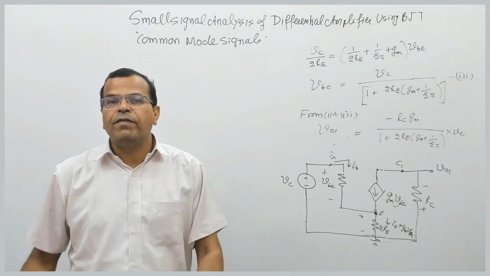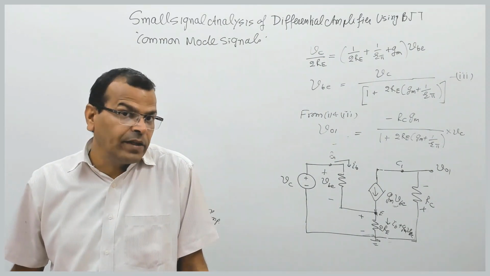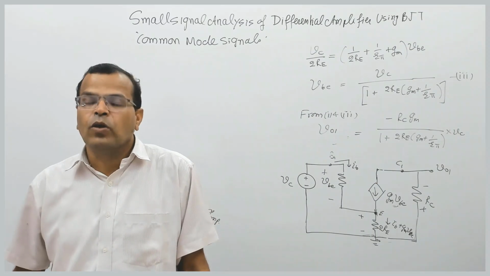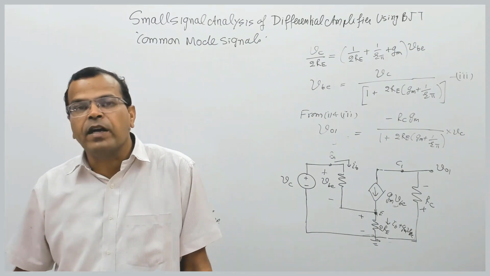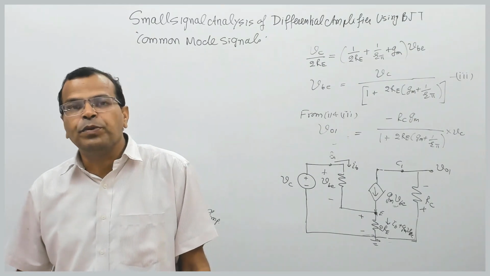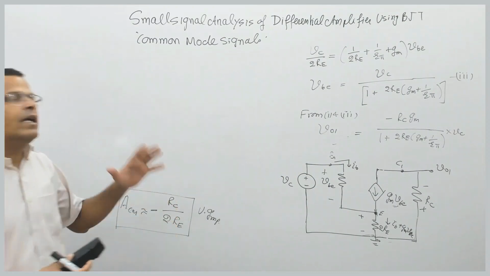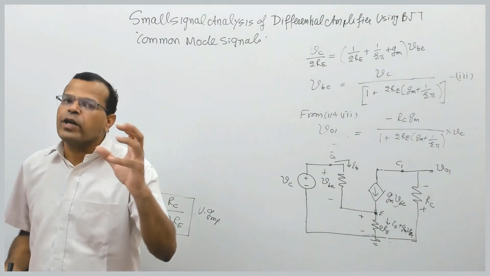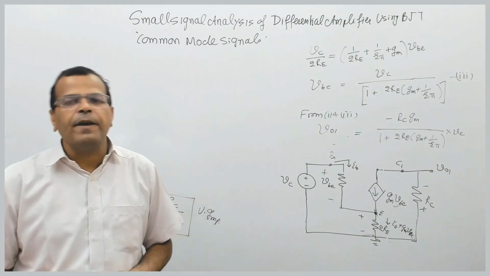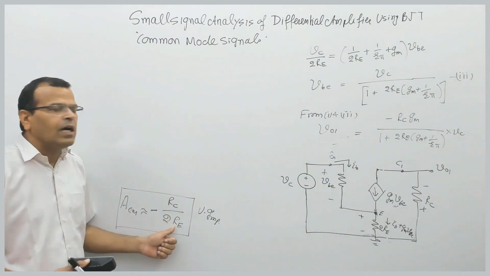So our efforts are to increase the resistance connected in the emitter circuit so that the common mode gain of the amplifier is small. This is a very important question which appears in competitive exams like GATE and engineering services: the common mode gain of a differential amplifier can be reduced by increasing the resistance RE.